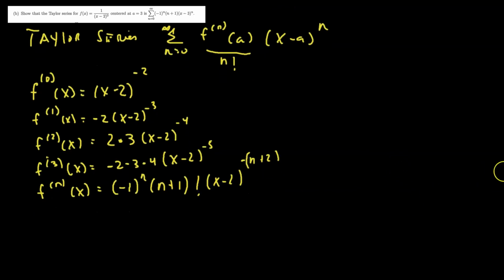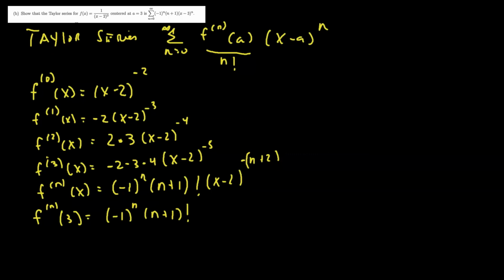Now if we evaluate our nth derivative at the point we're centering at, we plug in 3 for x. We get negative 1 to the n plus 1, (n plus 1) factorial, times 1 to that power, which just becomes 1. Now we have all we need to plug into our Taylor series.